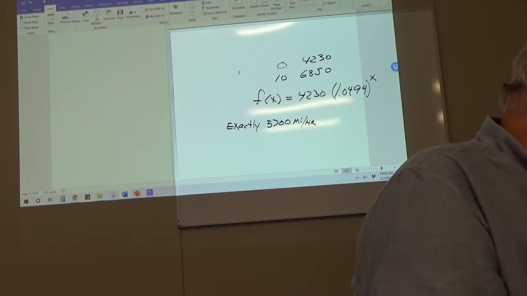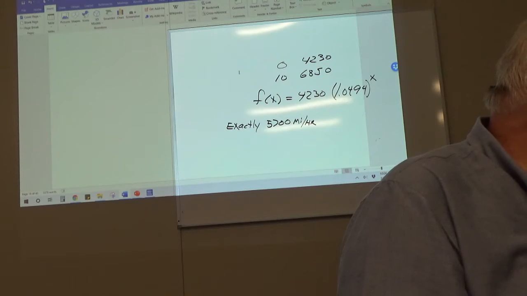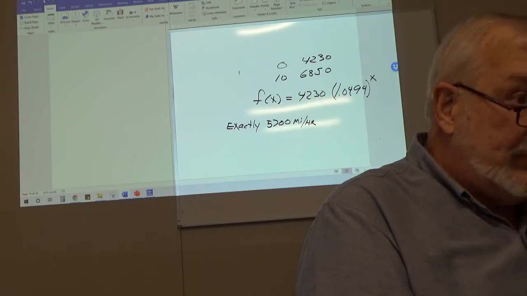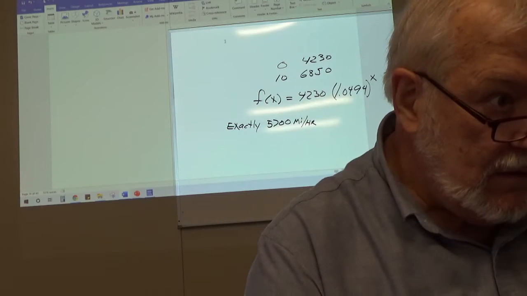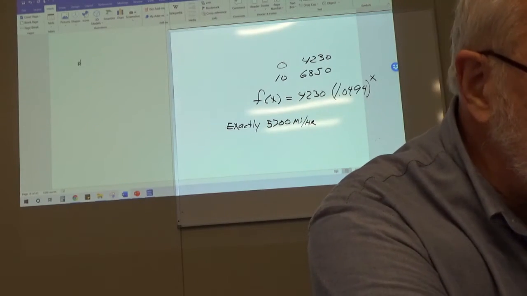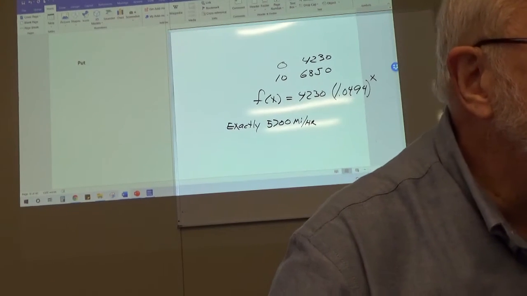R1 on 318 says, if f of x is 3 to the x power, you have to find values of x. All right, let me see if I can do this. I need to make this larger.